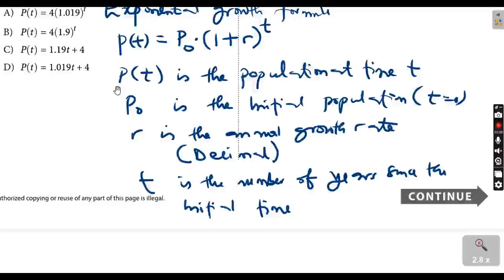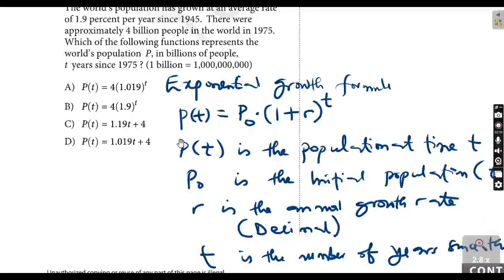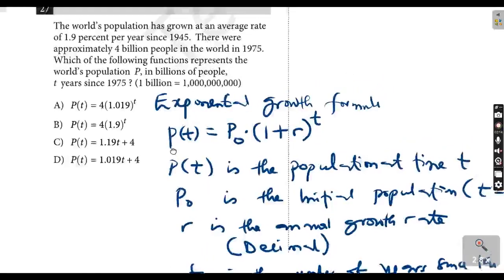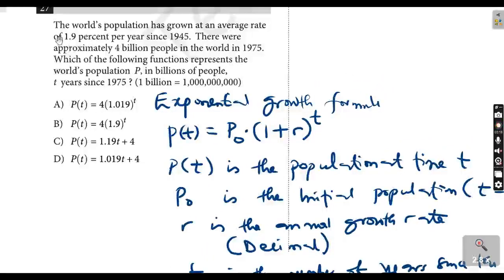So let's go back to the question. According to this question, our rate, our R, is 1.9%. So to convert 1.9% to decimal, that will be 1.9 divided by 100, so that will be 0.019.